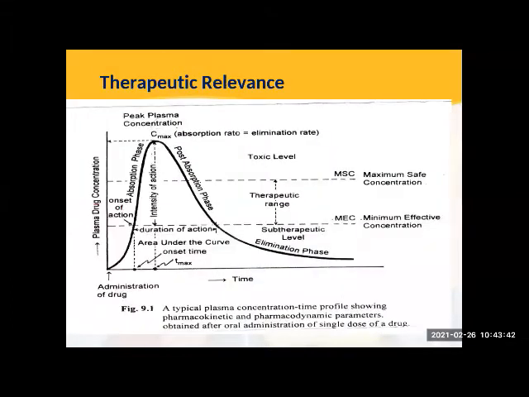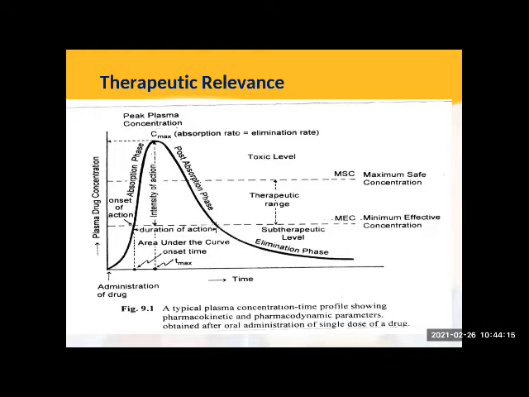Okay, so the therapeutic relevance of this concept is that you can see the diagram over here. On the x-axis we have the time, and on the y-axis we have plasma drug concentration. This type of graph is applicable to the orally administered drug. As we give the drug at 0 minutes, the concentration is also 0.